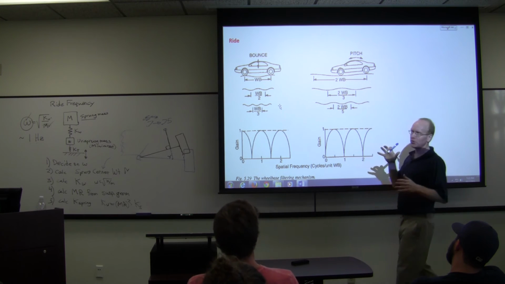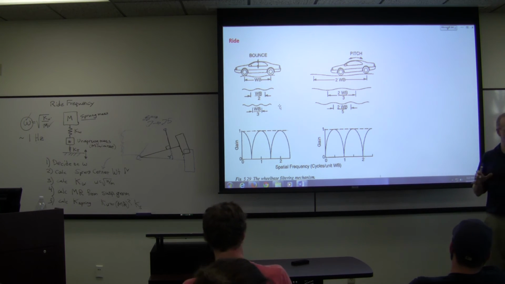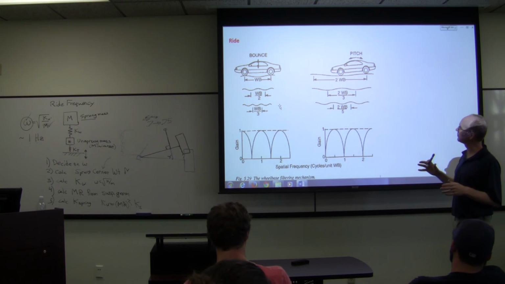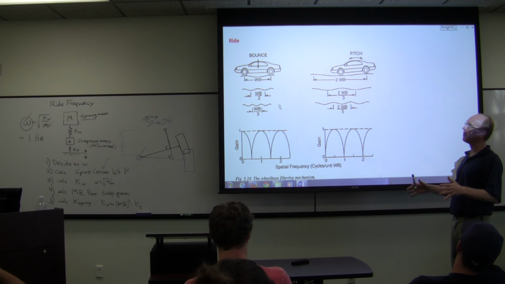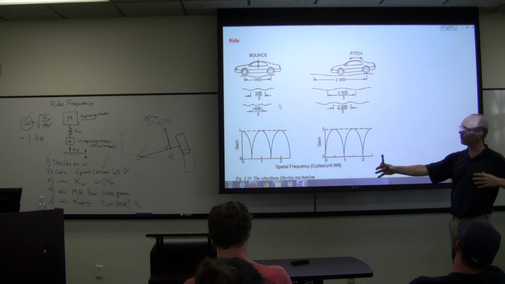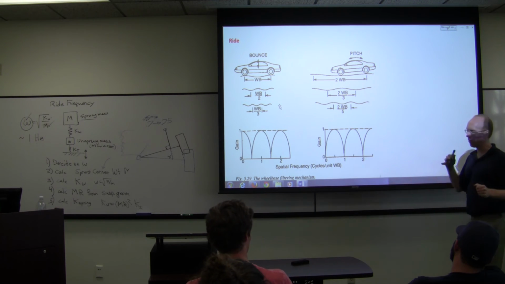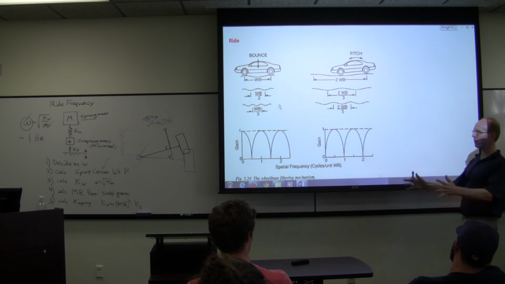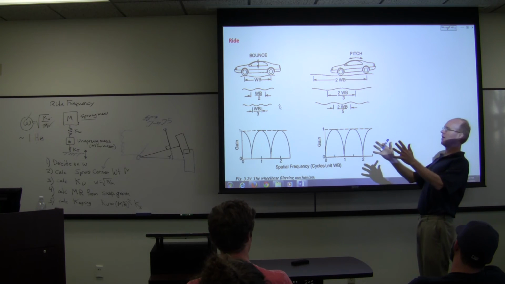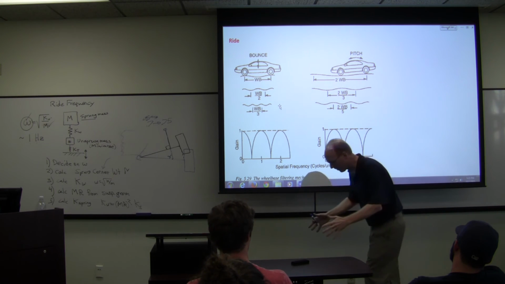If you want to have the driver as comfortable as possible, there's a trick you can do. If you make the front frequency and the rear frequency the same, then going over a bump, the driver will feel the front go up, and then they'll feel the rear go up.